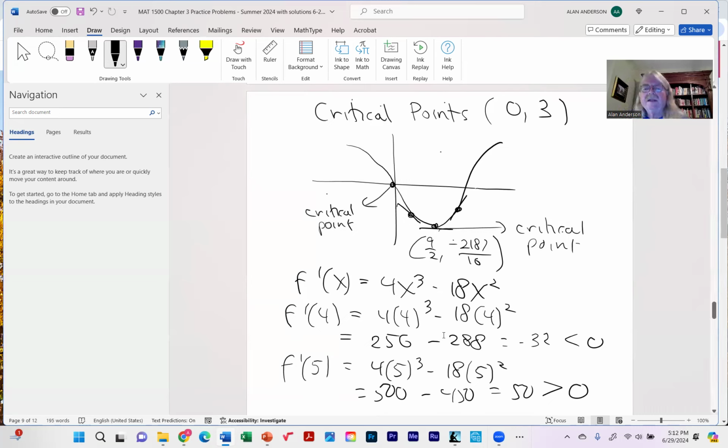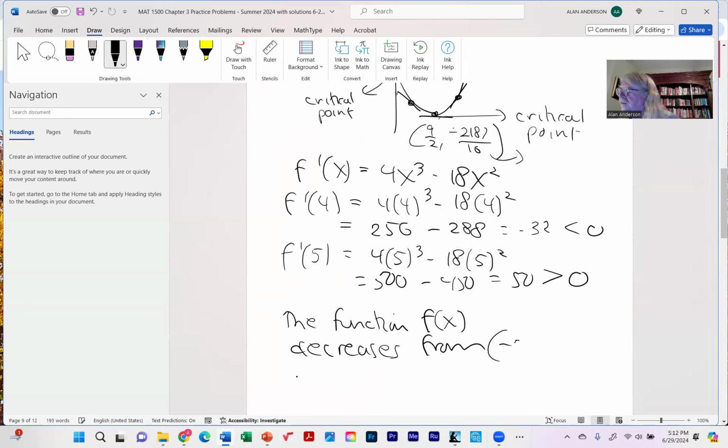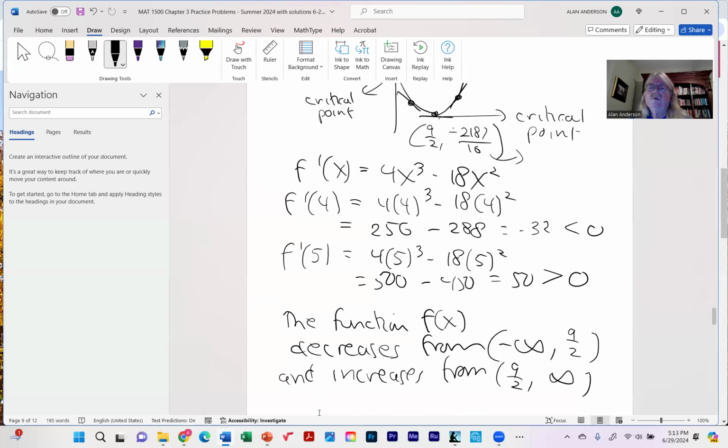And that implies that this point is, well, we know that it's a relative minimum, but it also implies that the function f of x decreases from negative infinity up to 9/2 and increases from 9/2 up to positive infinity. Okay, great.